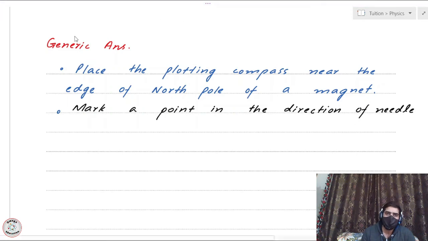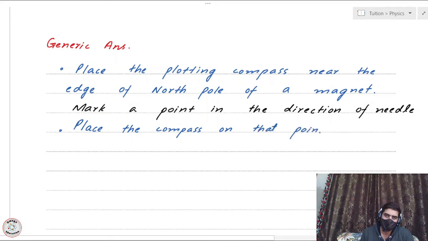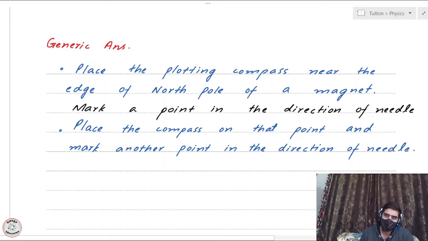All right, and the next one: now place the plotting compass on that point and mark another point in the direction of the needle.